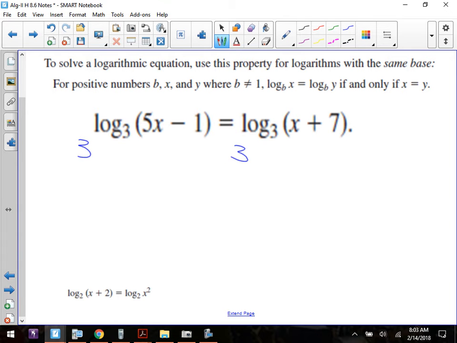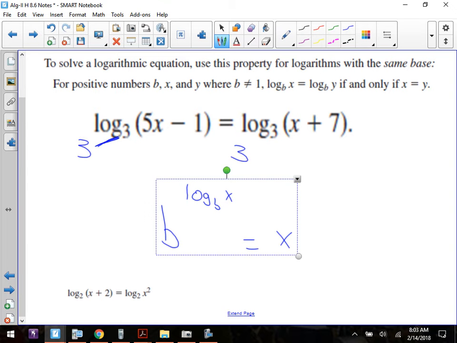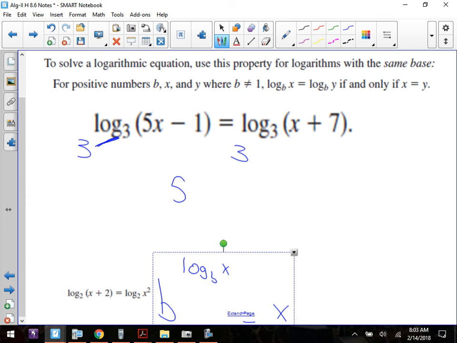We're exponentiating because of the property b to the log base b of x is x. So by raising the logs as exponents with this base, it undoes it, which drops out and gives you 5x minus 1 is x plus 7.